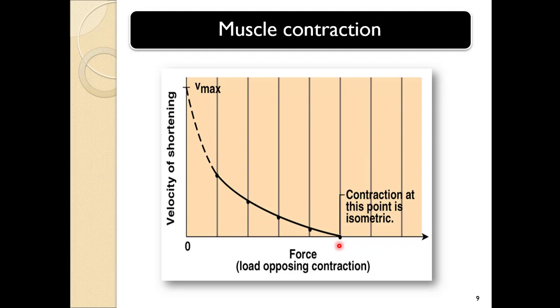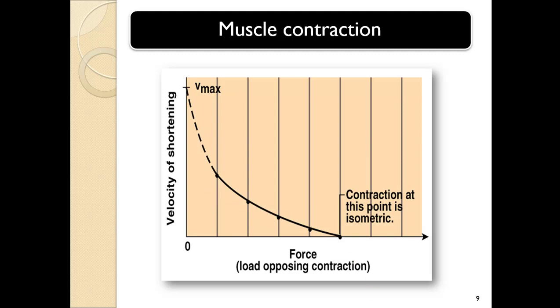And of course, an isometric contraction is when you're not changing the muscle length at all. So if you change the muscle length very rapidly, it causes you to generate less force, which should kind of make sense because then the sarcomeres, the myosin and actin, are having difficulty grabbing each other quick enough to keep up with the shortening velocity.